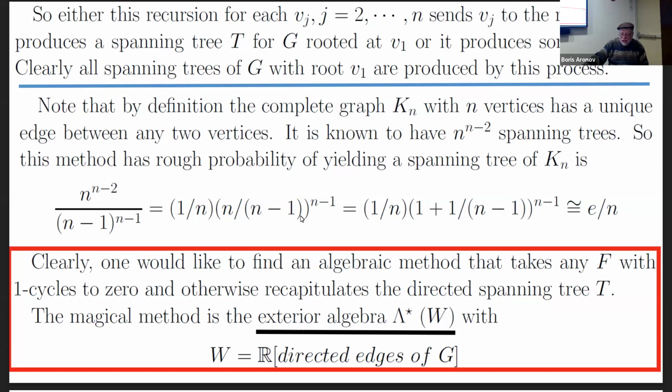But now we want to actually describe an algebraic method, which picks out the spanning trees from this whole vast list of possibilities. And interestingly, exterior algebra is going to provide a very natural language in which to do that. So what we want is an algebraic method that takes any such f, and if it has cycles, if it has loops, it's just going to give us 0, and they're not going to show up in the answer.